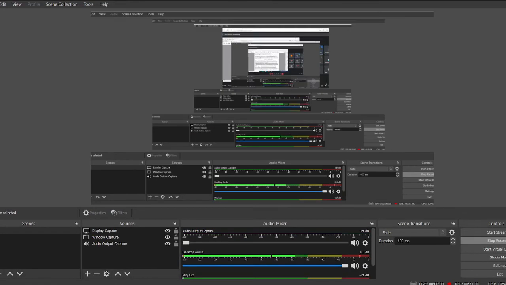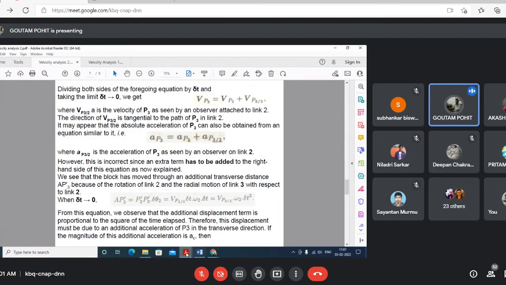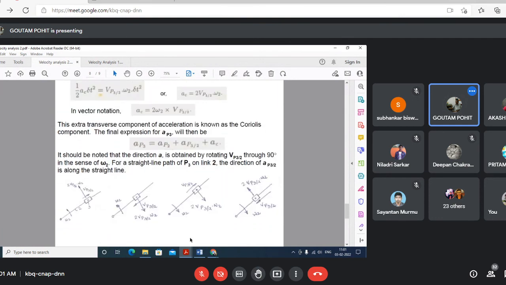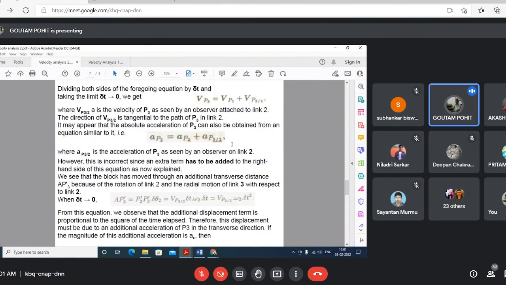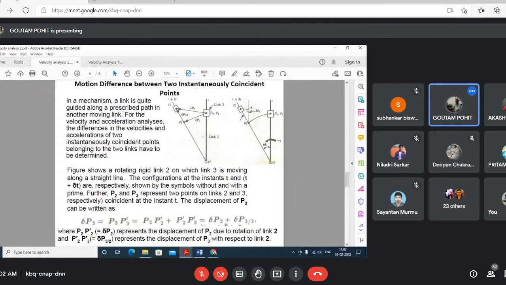And what is the magnitude of that acceleration? If we assume that the additional acceleration is AC, then half AC delta t square will be equal to this one. So AC becomes equal to this one. Naturally, this acceleration is along this direction.